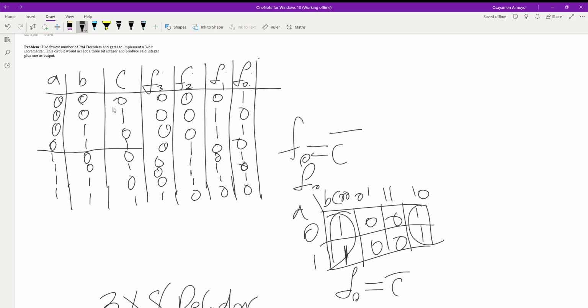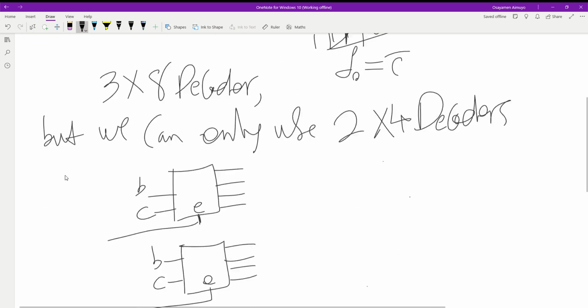So for the first 4, you have the same sets of inputs: 0 0, 0 1, 1 0, 1 1. It repeats, right? But A stays at 0 and then it changes to 1 in the next set.